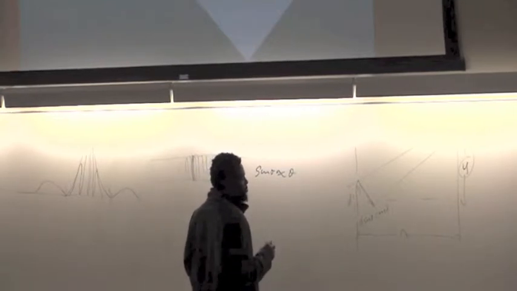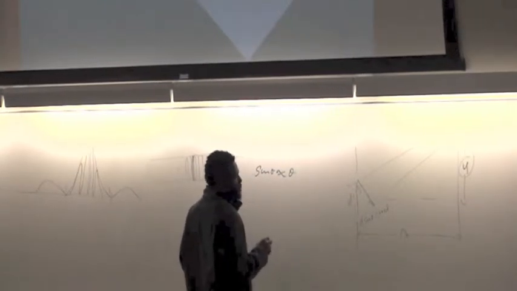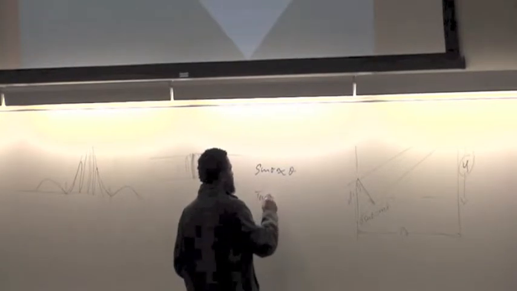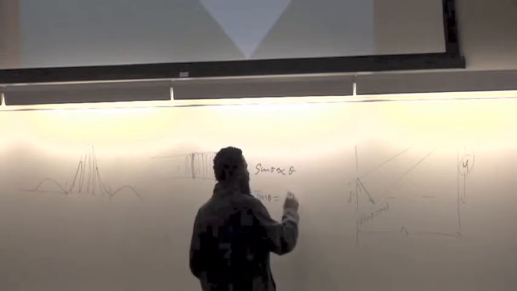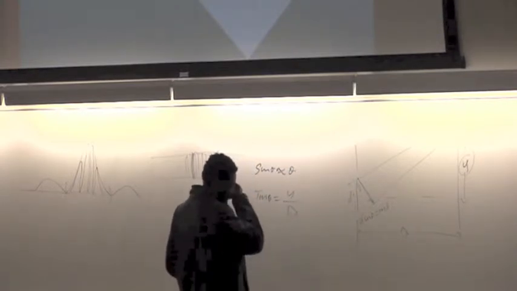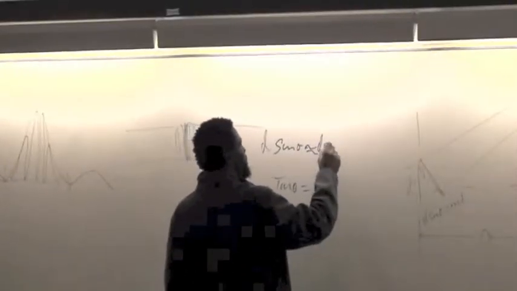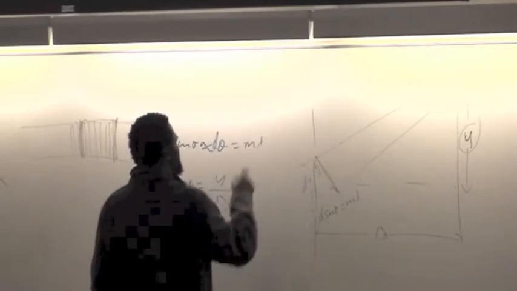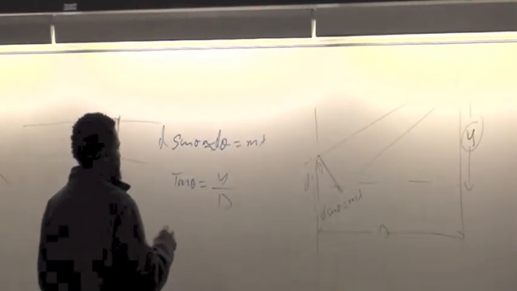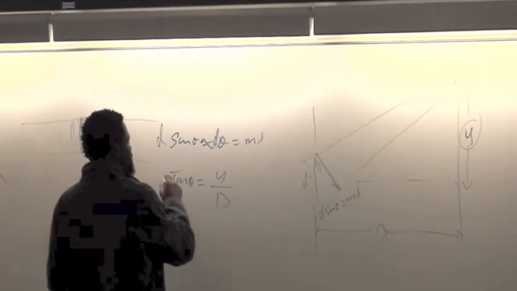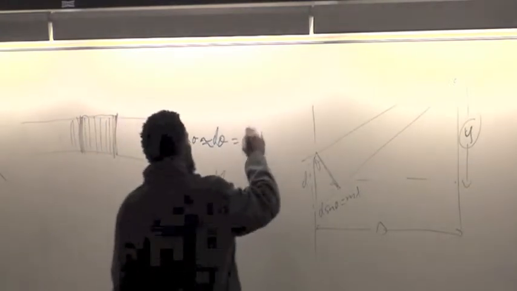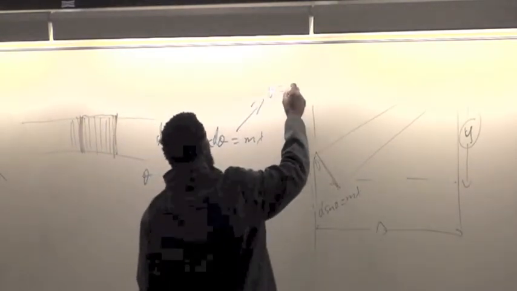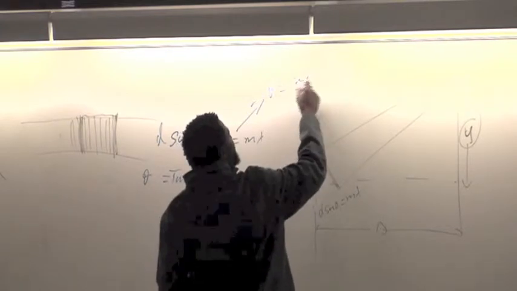Since we also know tan theta is equal to y over D, and d sine theta is equal to m lambda, and for small theta this is also equal to theta, therefore theta is equal to lambda over d.